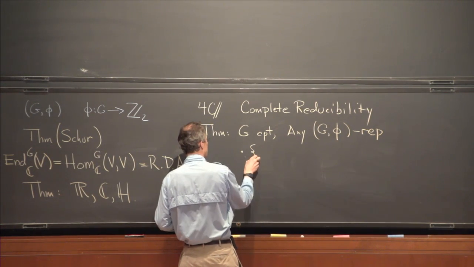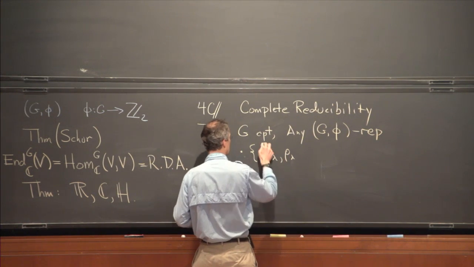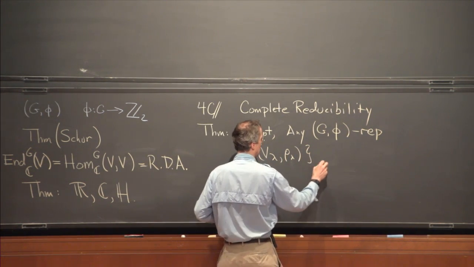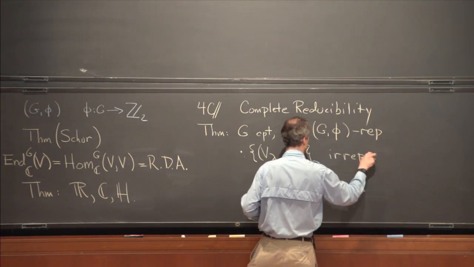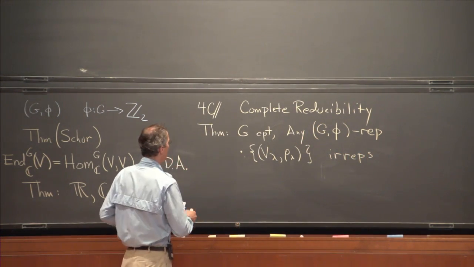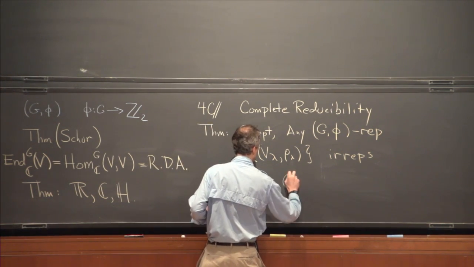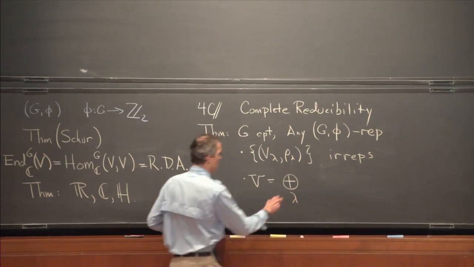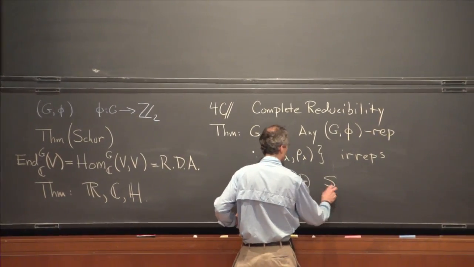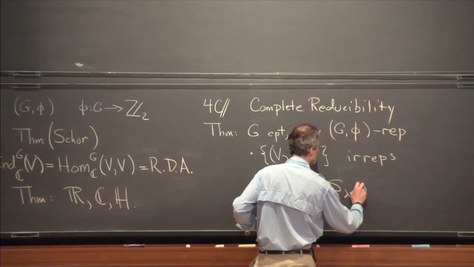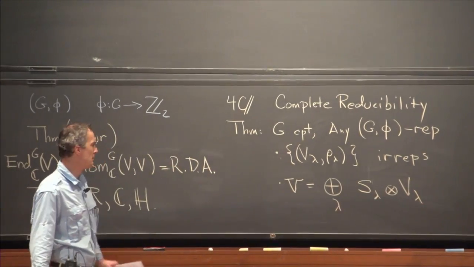You make a complete list of the distinct irreps of G phi. Okay? And then if you have any representation V, you can write it as a direct sum over these irreducible representations of a degeneracy space S lambda tensor the irrep itself V lambda.